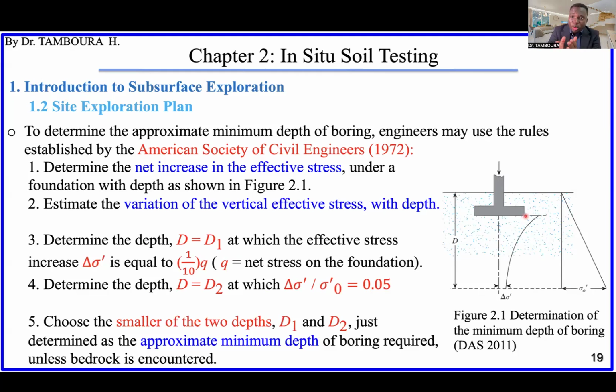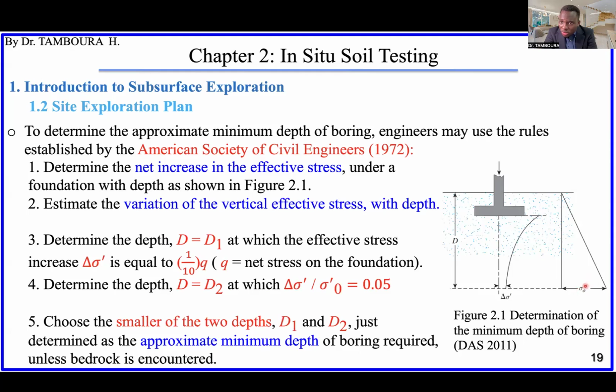That stress plus the effective stress, here at this level, is what we have to consider. But the stress caused by this load is what we are calling here delta sigma prime, which is different to sigma zero prime.